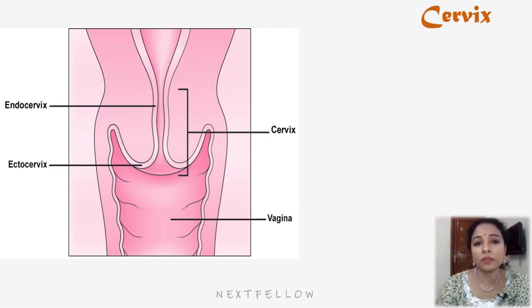Talking about the cervix, the cervix is the lower part of the uterus. It measures around 2.5 to 3 centimeters in length. The junction between the cervix and the uterus is the internal os, which externally corresponds to the isthmus. The endocervical canal connects the uterine cavity and the vaginal cavity.